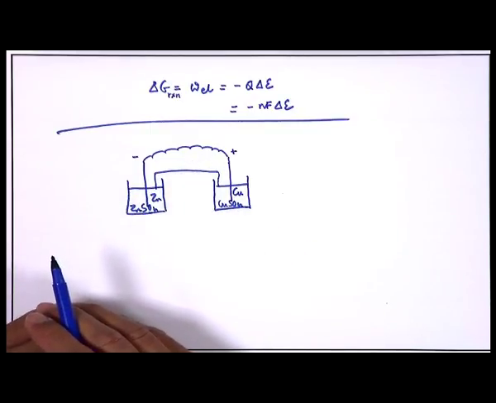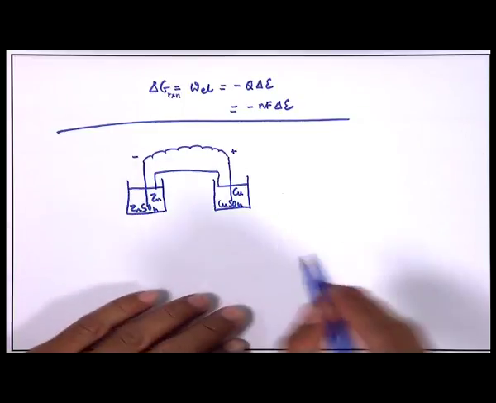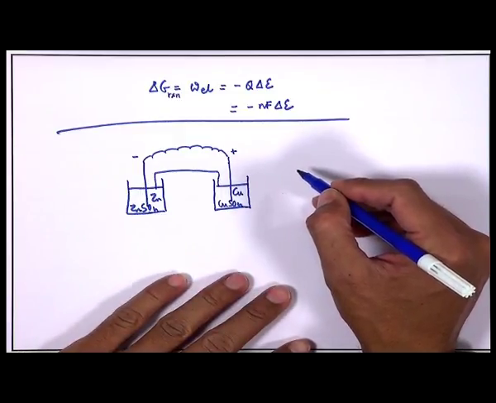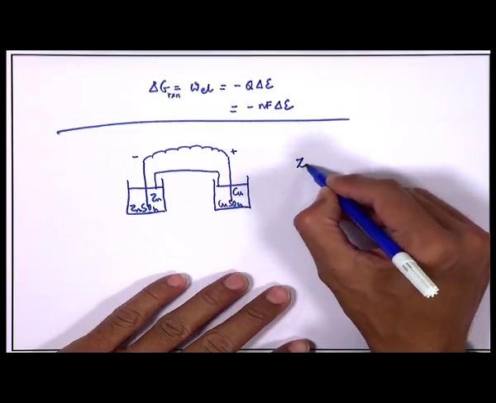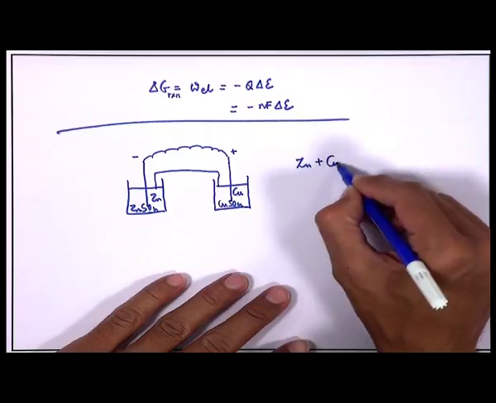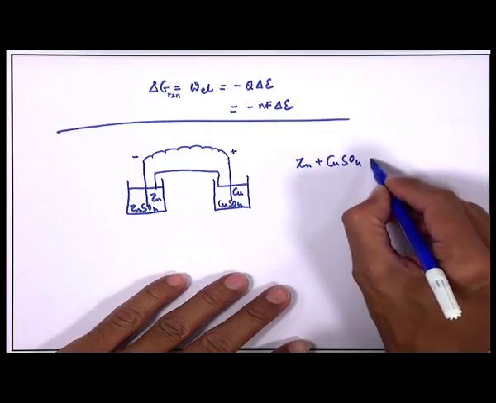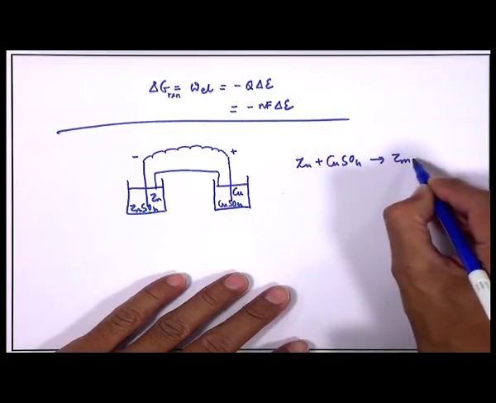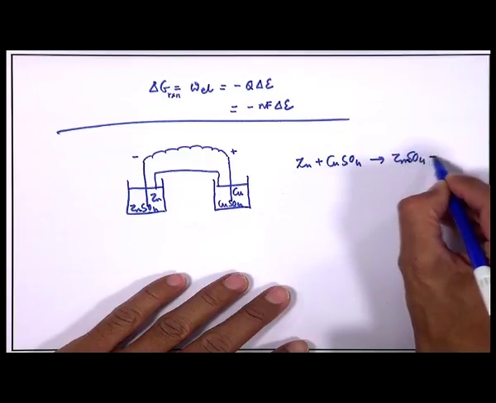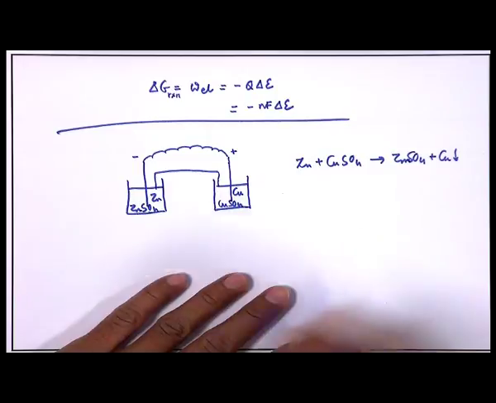Okay. Now, what is the net reaction? Net reaction is that zinc will get solubilized. So, zinc plus copper sulphate, the whole net cell reaction, gives zinc sulphate plus copper deposited.